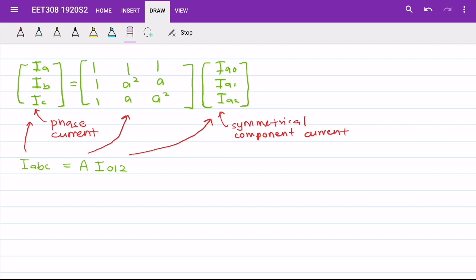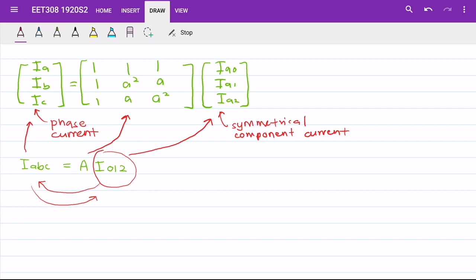Then we rearrange the equation, moving the symmetrical component current I012 to the left side and IABC to the right side.